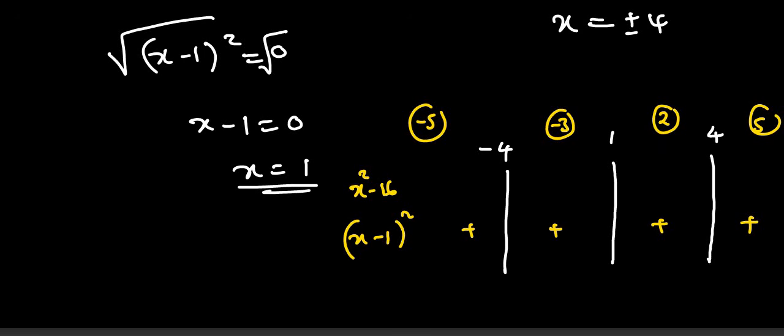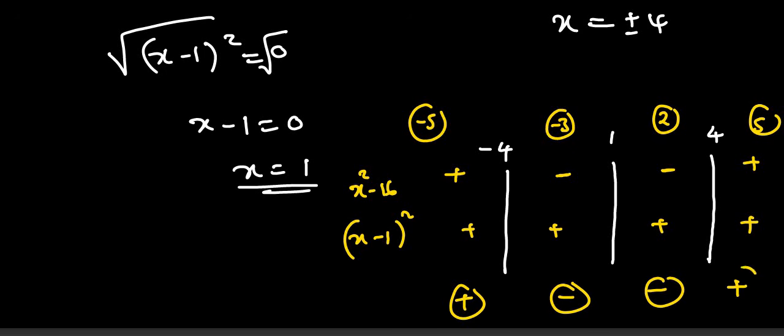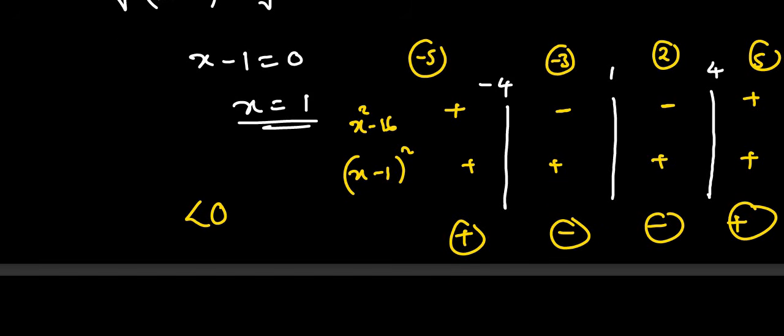Then for the top, if you put -5 there, squared, that's 25. 25 minus 16, the answer is positive. You put -3 there, that's a 9. 9 minus 16, the answer will be negative. Unless you put 5, that's when it becomes positive. So this is positive, that's a negative, that's a negative, this is a positive. We want where this thing is less than 0, meaning where it's negative, which is this region and that region.